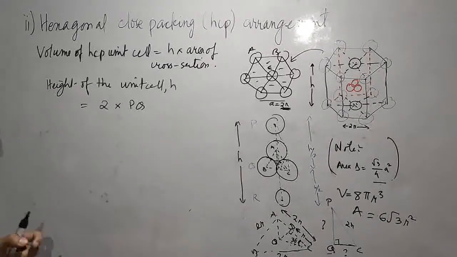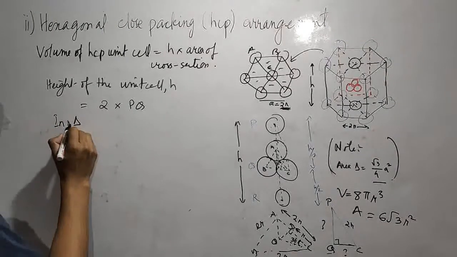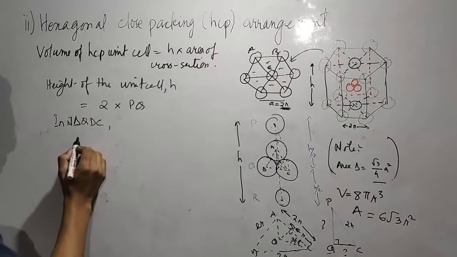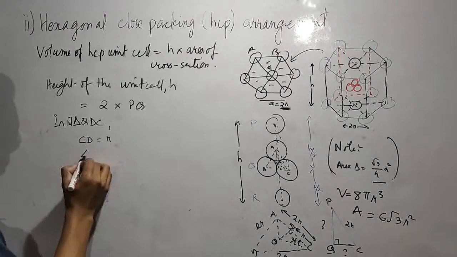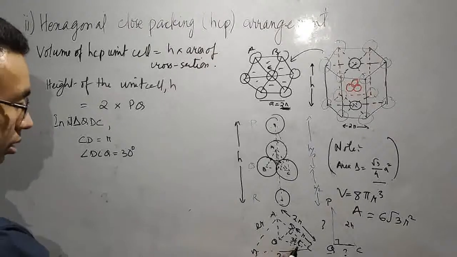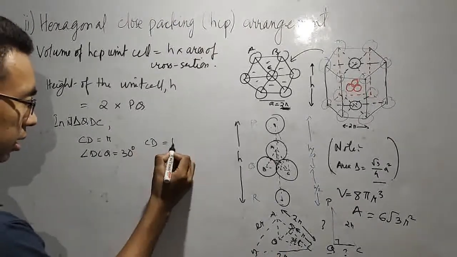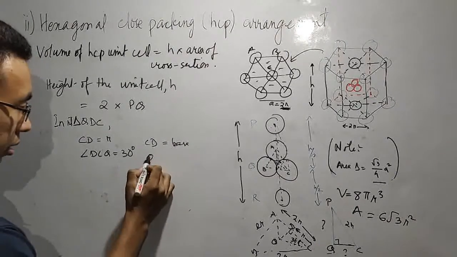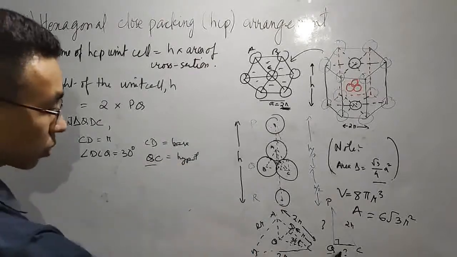So straight away going to this triangle. In right triangle QDC, the given values are CD equals R and angle DCQ equals 30 degrees. With respect to this 30 degree angle, CD is the base and QC is the hypotenuse, and QC is what we have to find out.